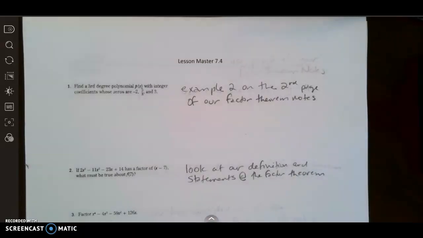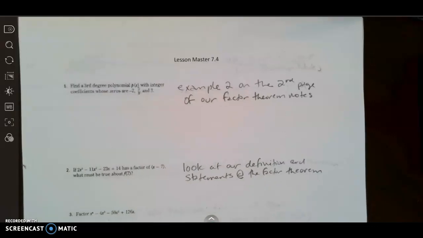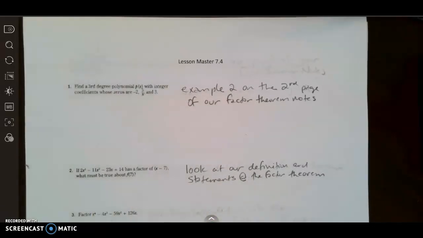That's where we give a definition for the factor theorem and then the logically equivalent statements. You should be able to figure that out by looking there. You should be able to answer number 2.